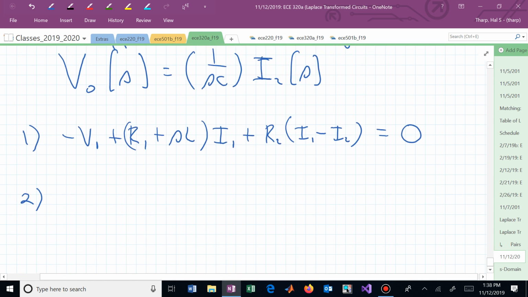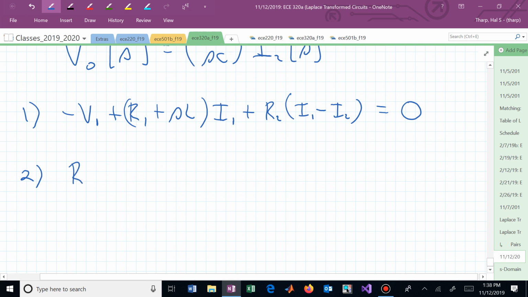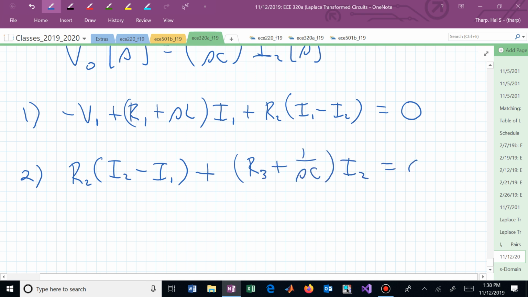Or equation 2 now says we have R sub 2 times I sub 2 minus I1 plus R3 plus 1 over SC times I sub 2 is equal to 0.